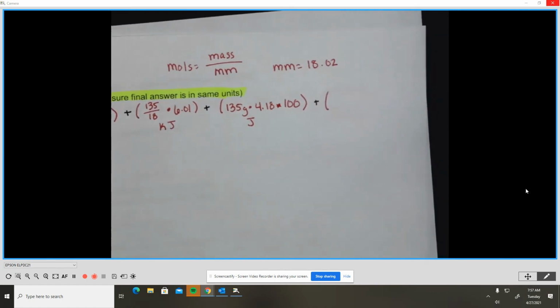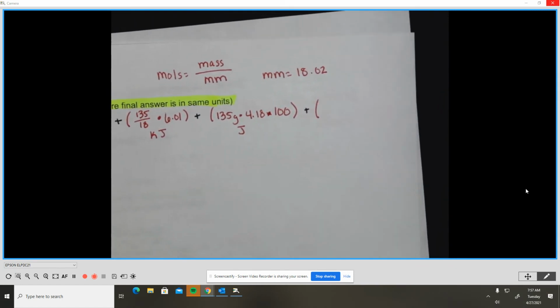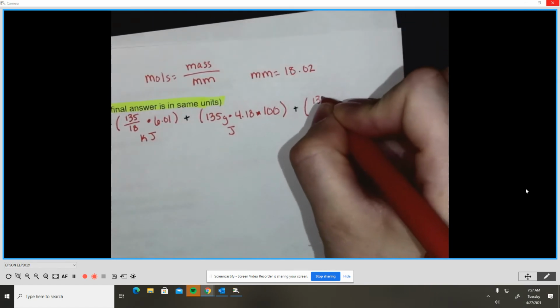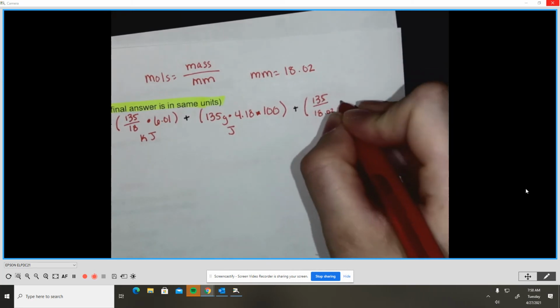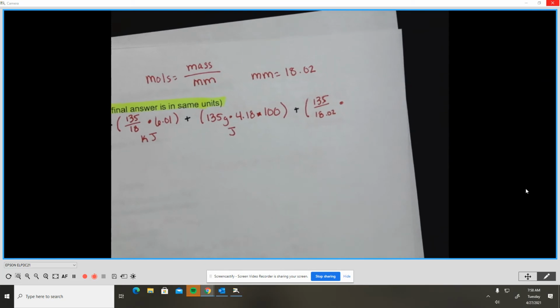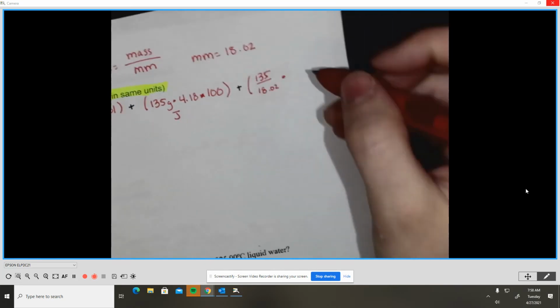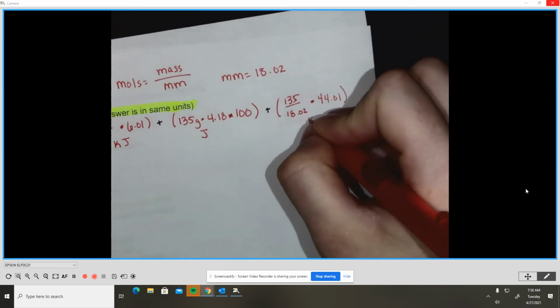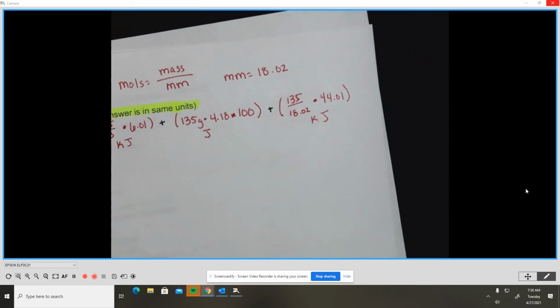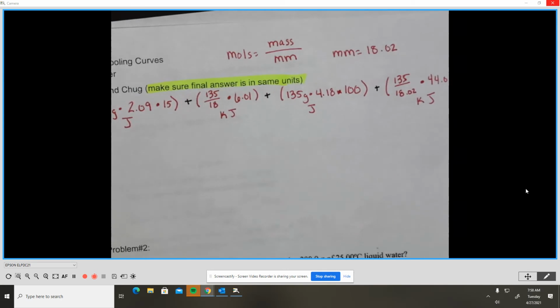Next, we are going to boil our water. So we're going to take our mass, which is 135 over 18.02 to get our number of moles. We're going to multiply that times our heat of vaporization of water, which is 44.01. The energy unit for that is kilojoules. So that's why I'm writing a kJ under there.